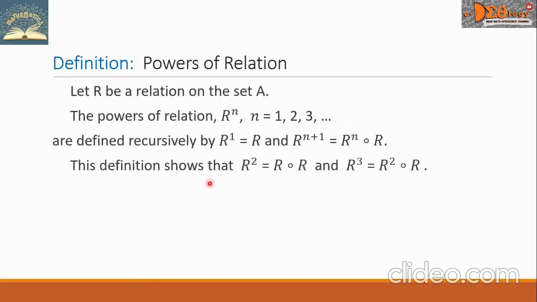This definition shows that R squared equals R composite R, and R cubed equals R composite R squared.